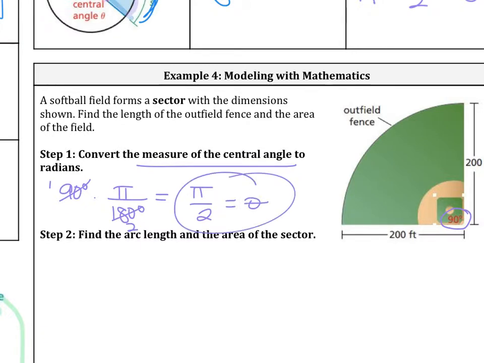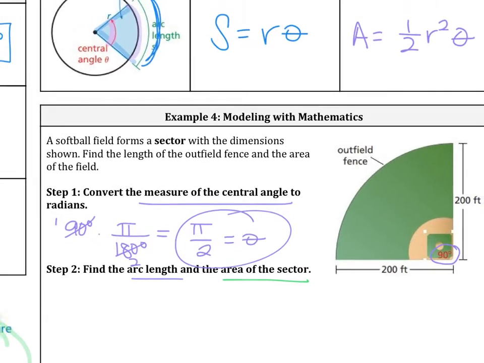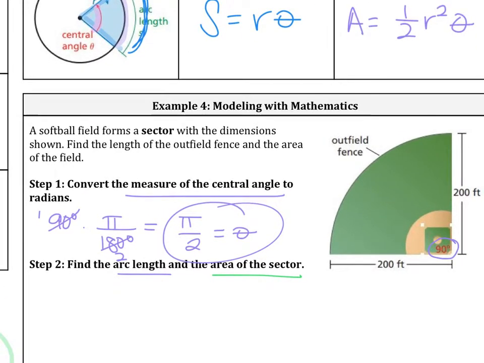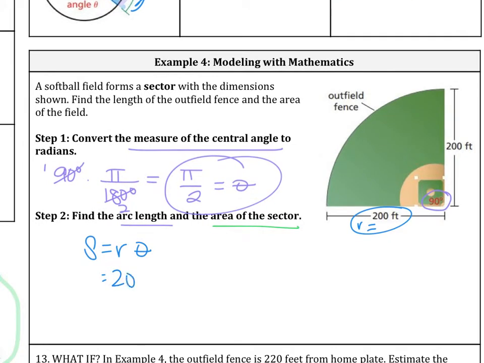Then we're going to find the arc length and the area of the sector. So arc length, we remember the formula, is S equals r times theta. And in this case, what is r? Well, r is 200 feet, right? That's our r. So S equals 200 times pi over 2.